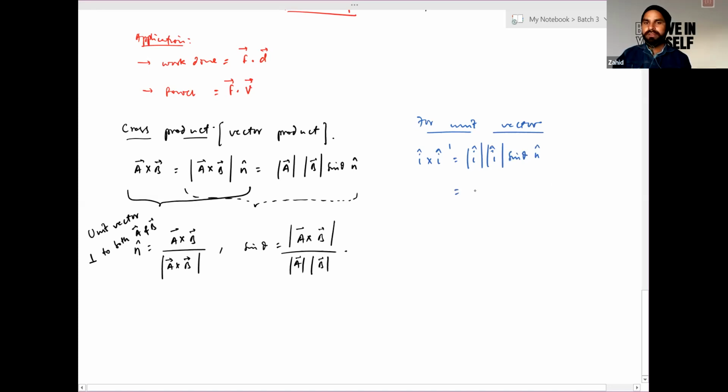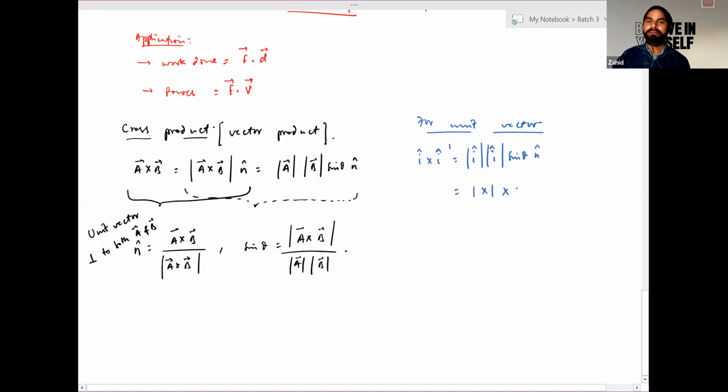I is a unit vector, so its magnitude is 1. Both terms define direction along the x-axis, so they are parallel and theta is 0 degrees.